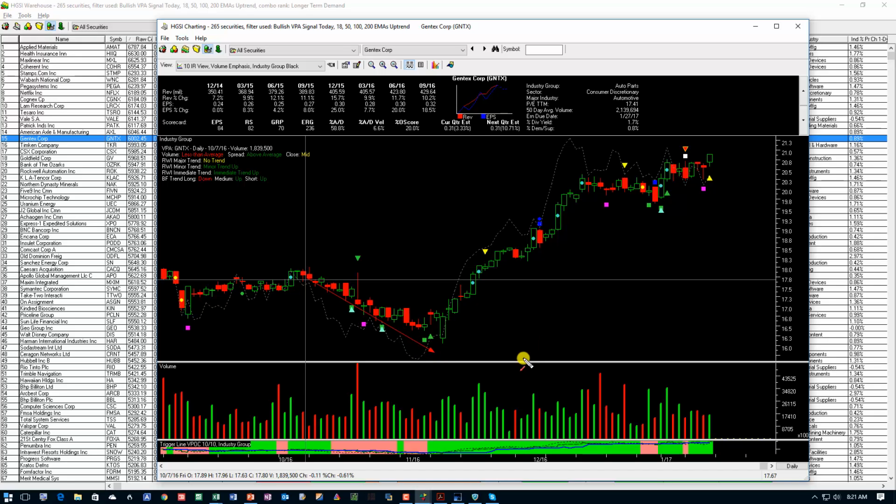This is why we pay so much attention to the groups in HGSI. And then when the group turned around, this stock turned around and became one of the leaders. As I pointed out in the other video, look what happens when the group stalls here. The stock stalls because they run together.